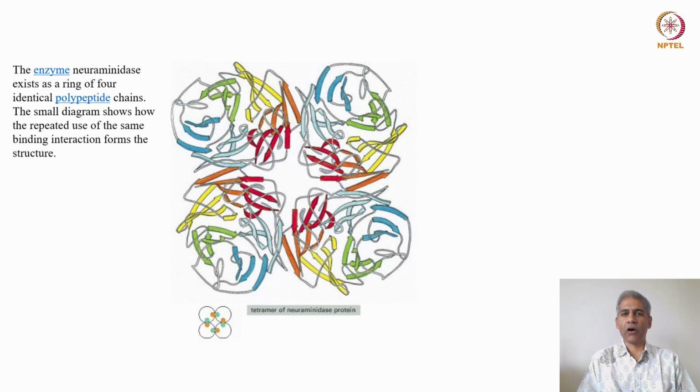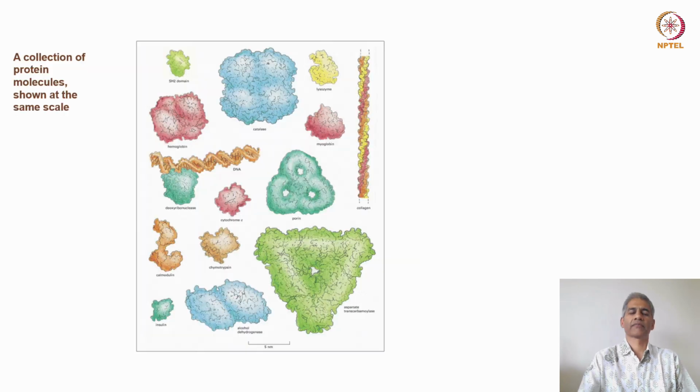But then all these chains come together and they have the same kind of interaction with each other, and they form one large protein which is then made use of for a particular function. The other famous example, of course, we know of is that of hemoglobin, where 4 globin molecules come together to form a quaternary structure.